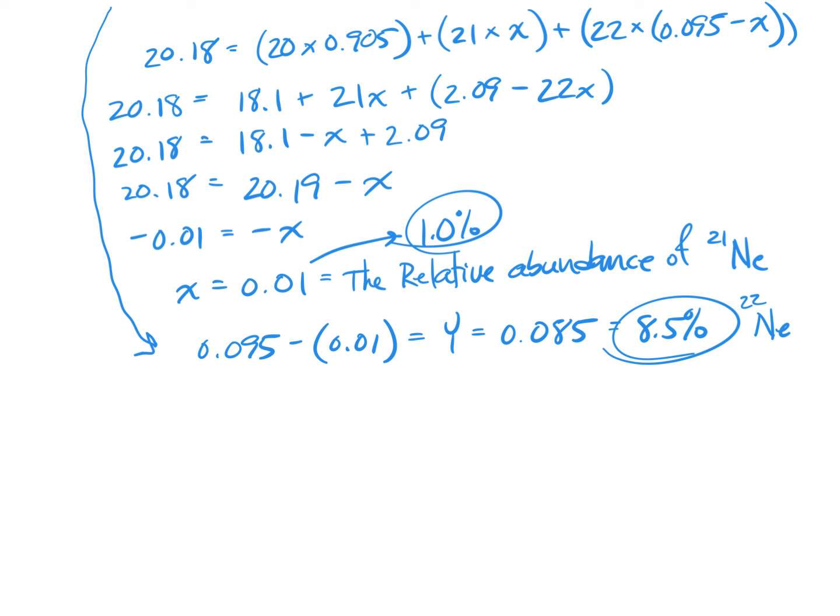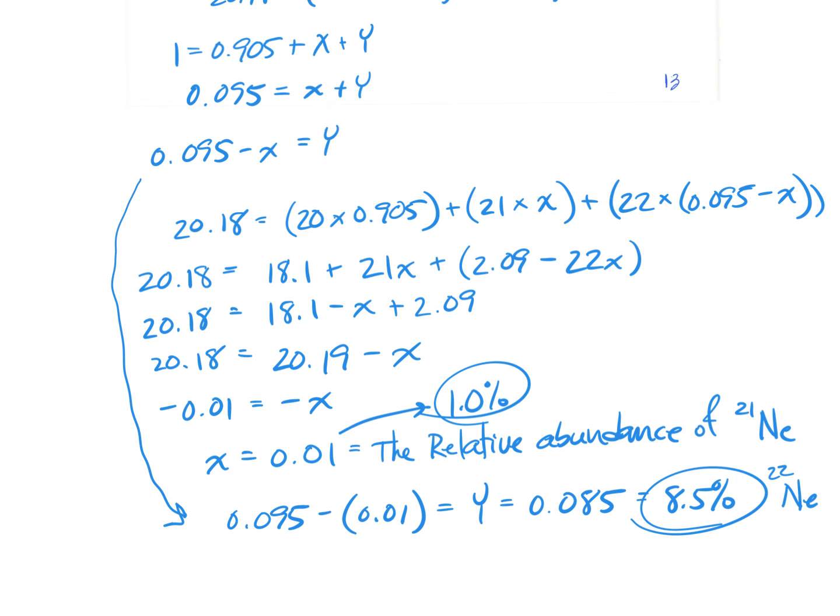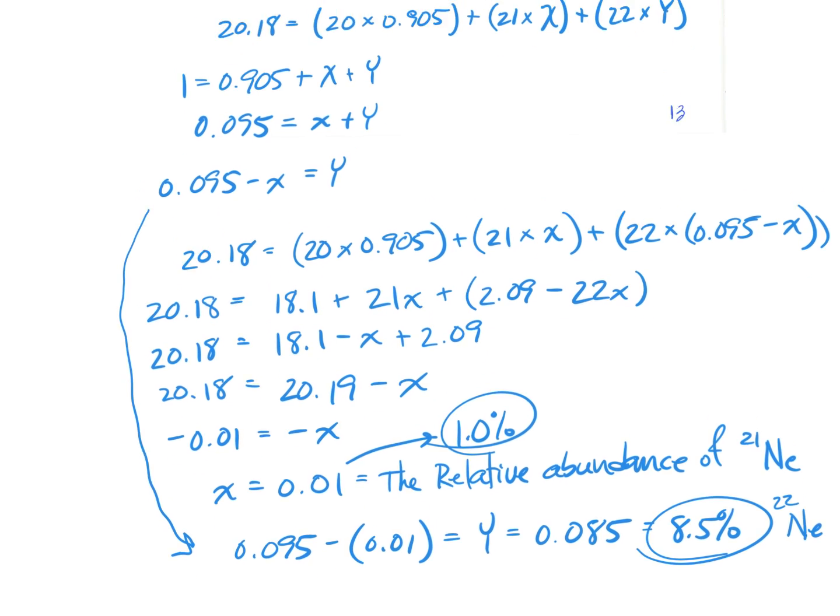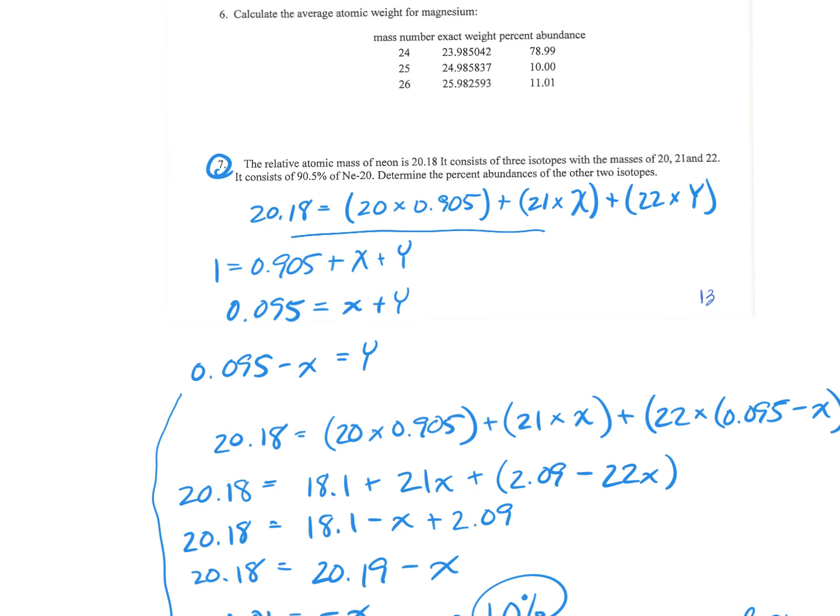Now, I think it makes sense to check my math here. I want to make sure that this answer is right. How can I know that? Let's go back to this and plug in my numbers. Actually, what we want is this way up here.